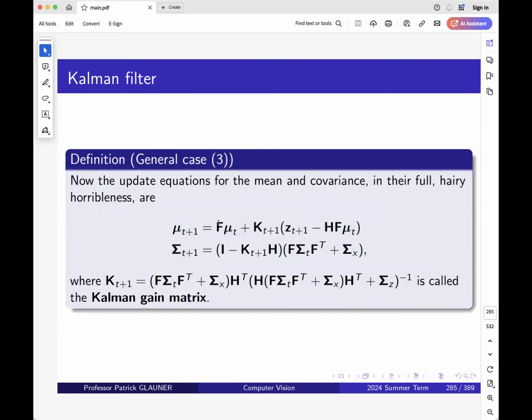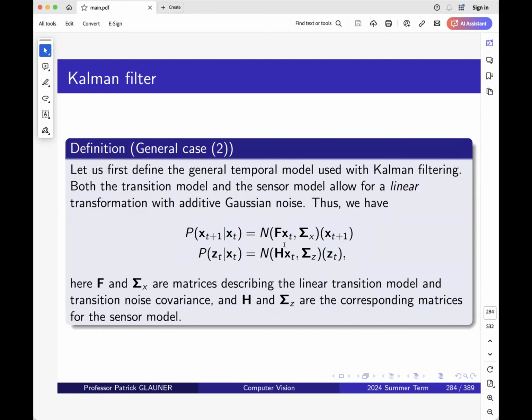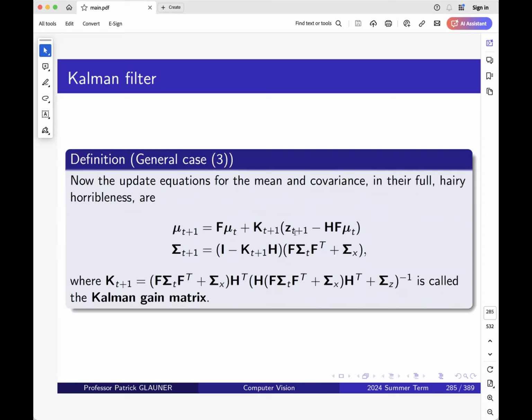And in the generalized setting, so as of 2 dimensions, this is all described in some matrix notation. And we have our matrices F, H, sigma X, sigma Z, and we can plug them together in order to describe our mean and covariance update. But I'm leaving this aside. You don't need to know this by heart, but it's just a generalization of before.